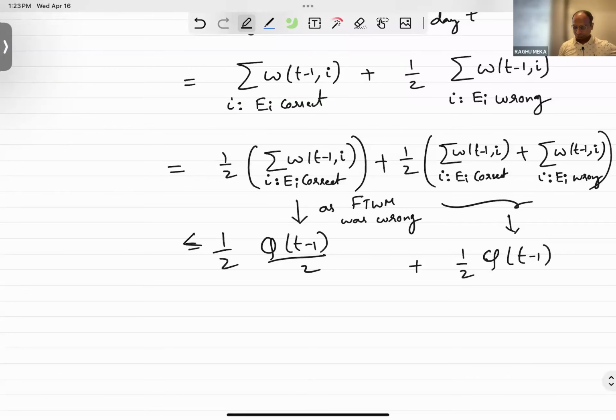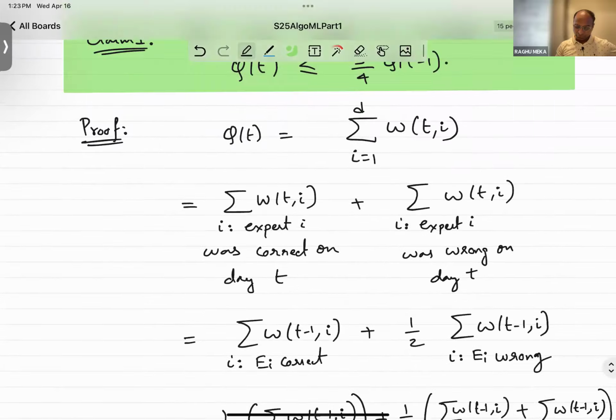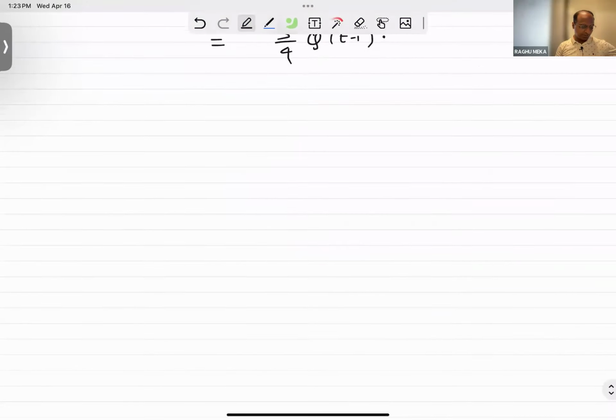And this is just 3/4 of phi of t minus 1. All right. So every time we make a mistake, it becomes 3/4.